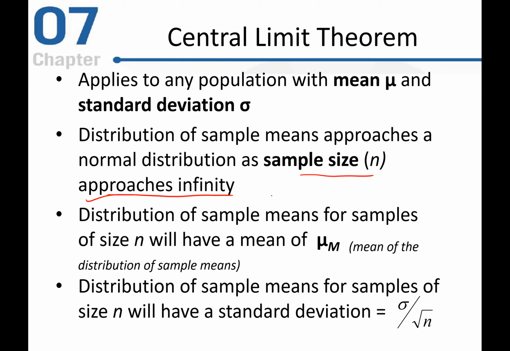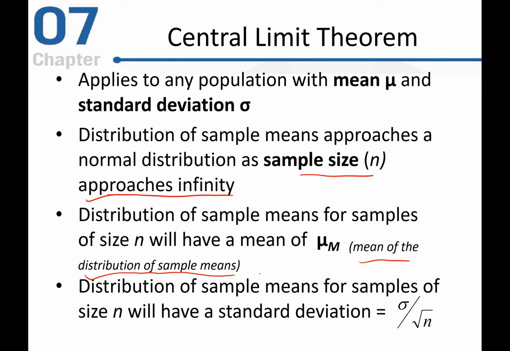So if you add up all of the sample means of a certain sample size, you're going to get what's called the mean of the distribution of sample means. And that mean of the distribution of sample means is going to be equivalent to the population mean that those samples came from.